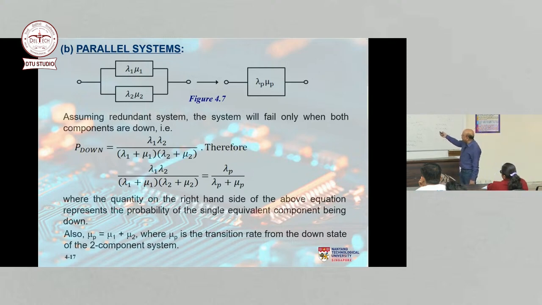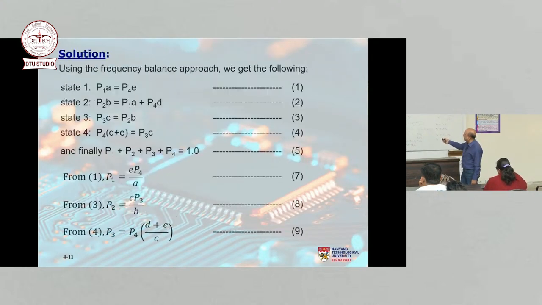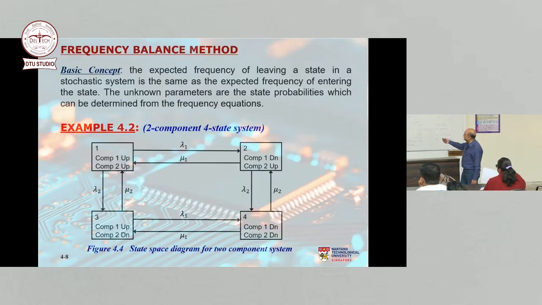So if these two are in parallel, and I take you back to that 4-state Markov model, sorry, this one. If the two are in parallel, then this is up, this is up, this is up, only this state is down, right? So I have all these three which are up states, and only this state is the down state. So what is the transition rate from the down state?